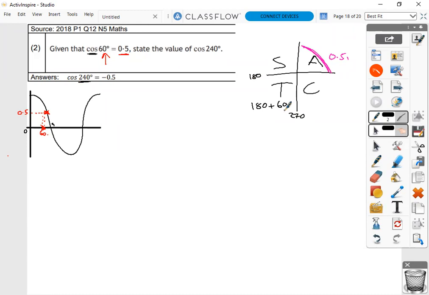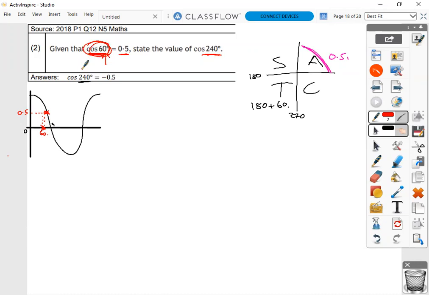Now, in that quadrant, cos is going to be negative. So we know the answer we're going to get at cos 240 is going to be negative. Cos 240 is 60 away from that position, so it's going to follow the same answer.